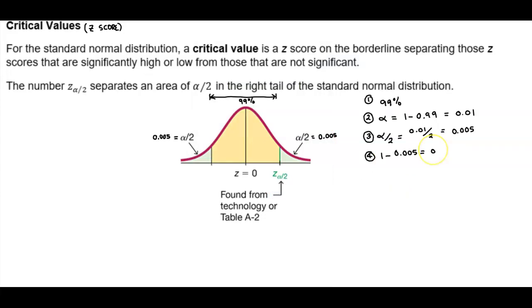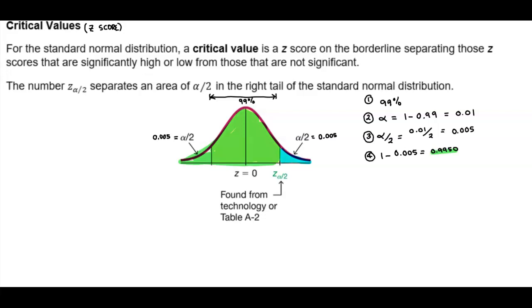What that represents, and I'm going to use a color here, is the area of everything to the left of this, which includes both the 99% plus the 0.005. That's one way of finding the z-score.